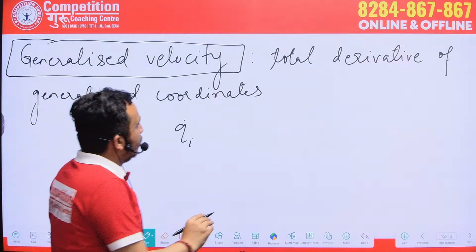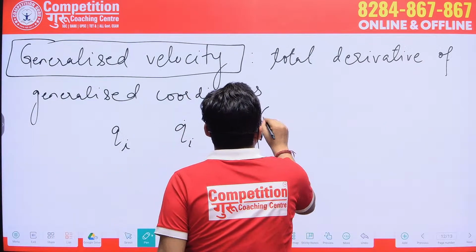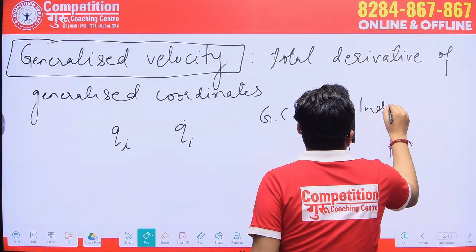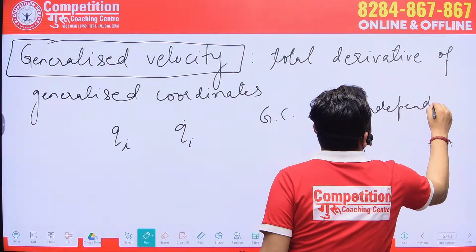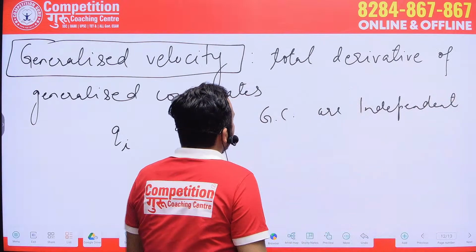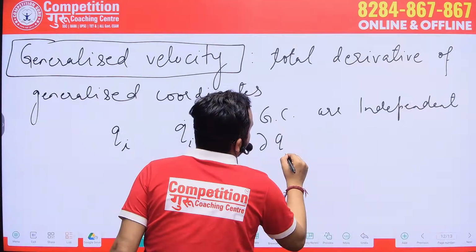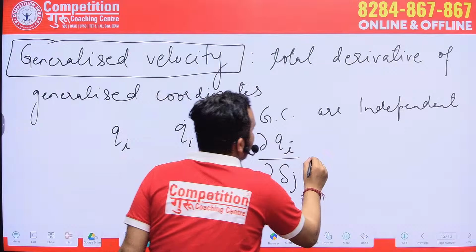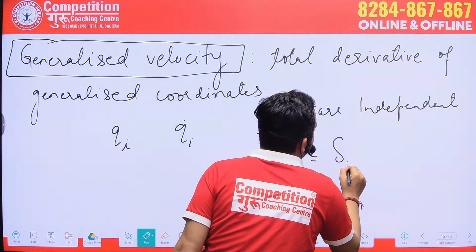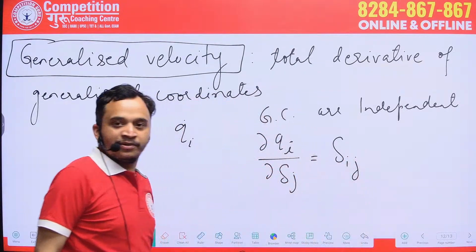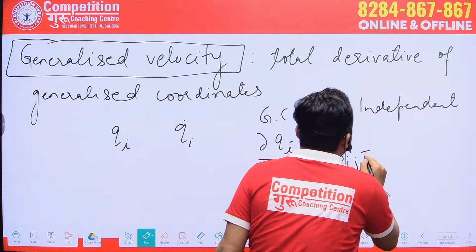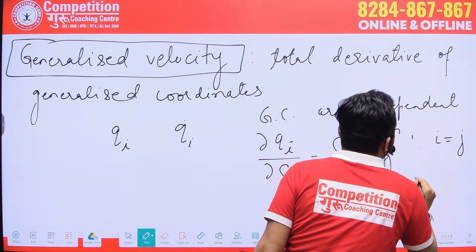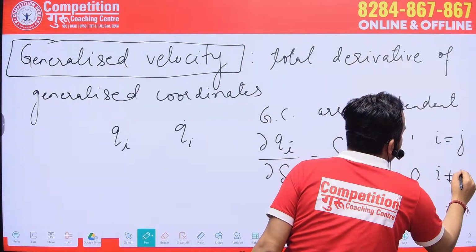Now there is a concept that generalized coordinates are independent of each other. They are not dependent. So we can write delta qi by delta qj equal to the Kronecker delta ij, which is equal to 1 when i is equal to j, and 0 when i is not equal to j.